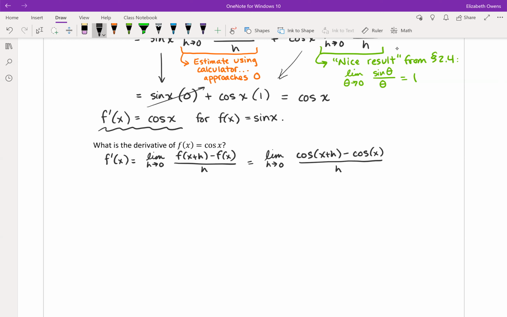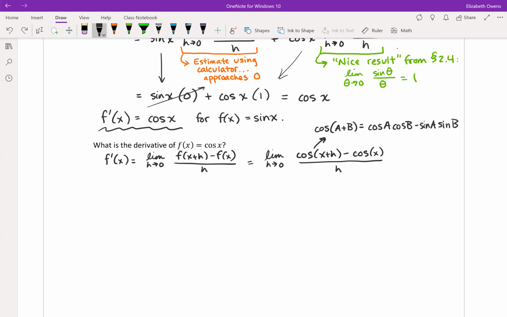Now, again, like we saw with the sine function, there is an identity to handle this first term. That is one of our angle addition identities from trig. And you commonly see that as cosine A plus B equals cosine A cosine B minus sine A sine B. So we're going to be using that, where A corresponds to x and B corresponds to h.